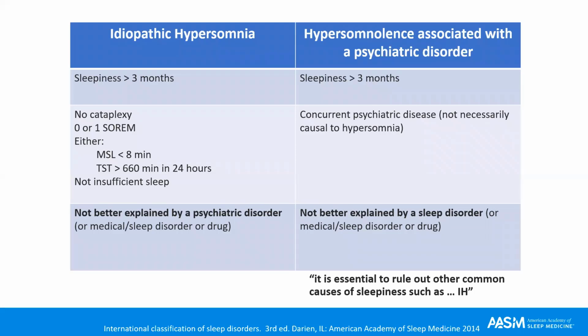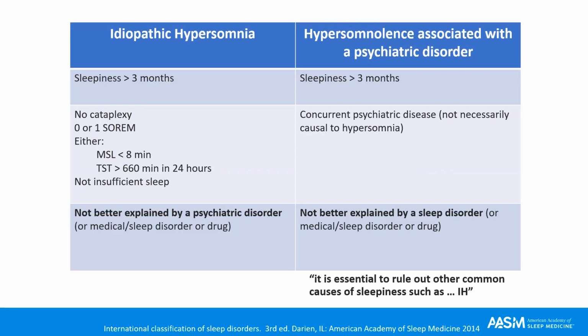They don't always work all that well to capture the people who you think have idiopathic hypersomnia. But both diagnoses actually require that you rule out the other. So idiopathic hypersomnia, you can't think that the sleepiness is better explained by, among other things, a psychiatric disorder. But at the same time, if you're going to diagnose somebody with hypersomnolence associated with a psychiatric disorder, you can't think that it's better explained by a sleep disorder, including specifically idiopathic hypersomnia.